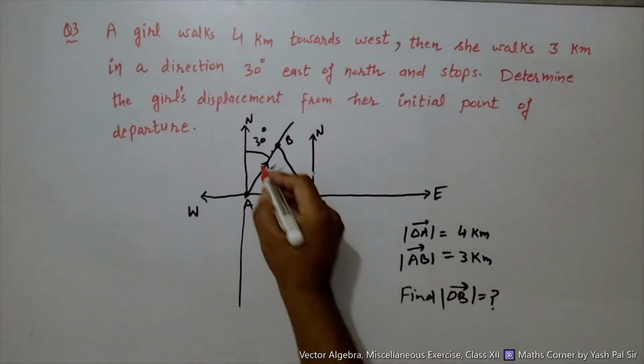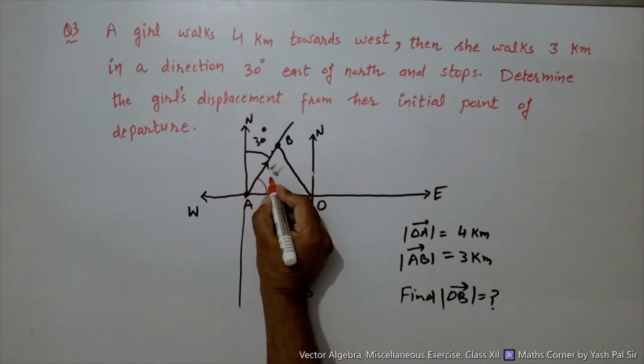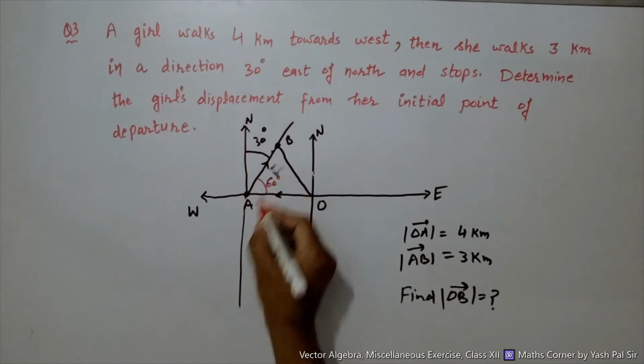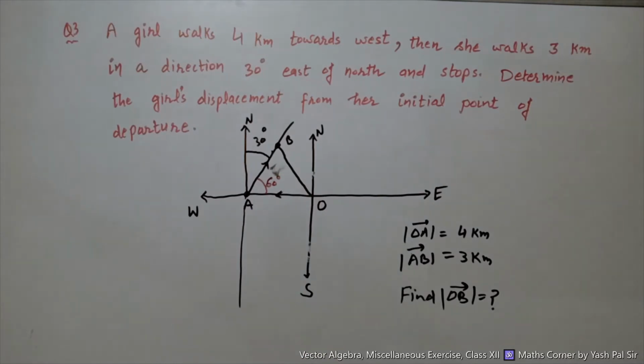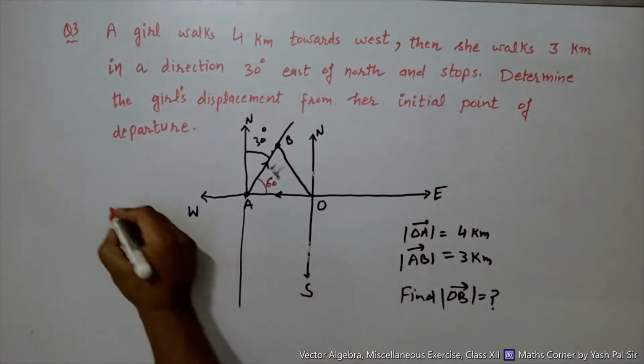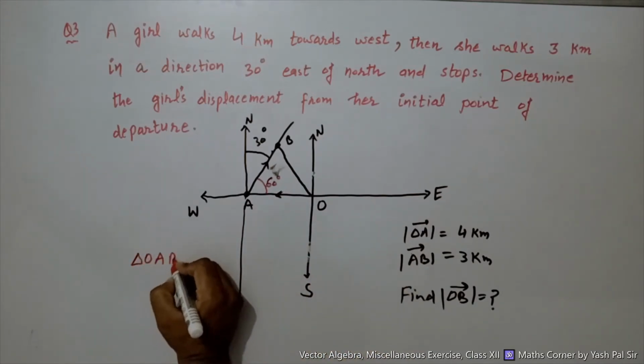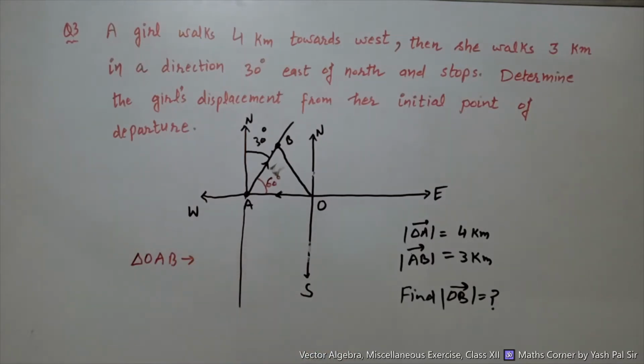Now here what we see, if this angle is 30 degrees, obviously this angle will be 60 degrees, right? So now in this triangle OAB, we use the cosine formula. What is the cosine formula?